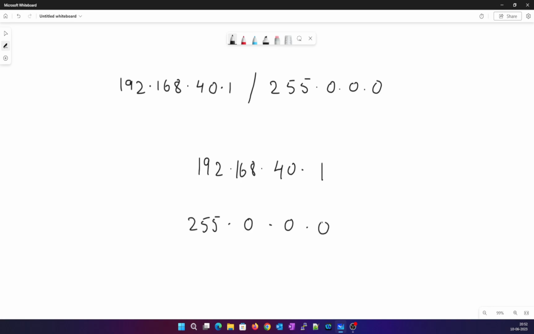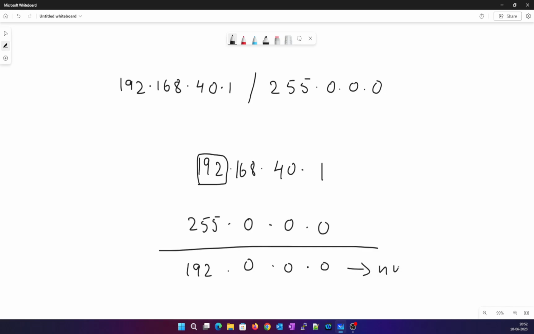Wherever there is 255, just copy that particular octet here. That is 192, and the rest goes as 0.0.0. So this becomes your network ID.